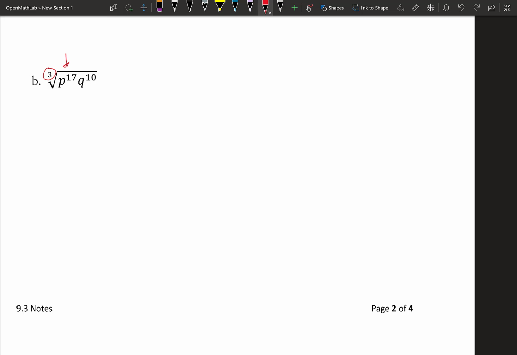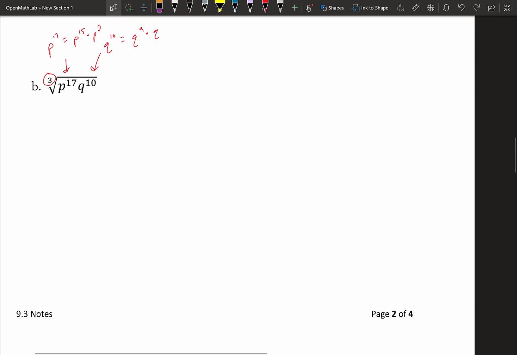Well, I would say that's 15. So in other words, p to the 17th equals p to the 15th times p squared. And then here, the biggest multiple of 3 that's less than 10 would be 9. So we could say q to the 10th equals q to the 9th times q, because I need one more q.